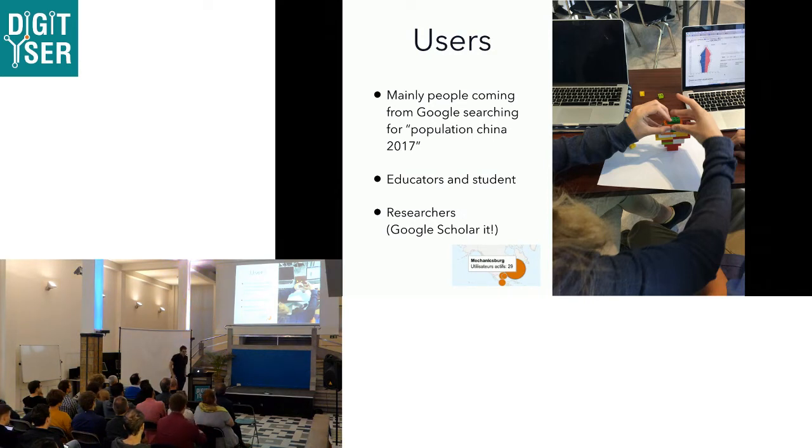That's nice, but what really is important to me is that there are lots of educators and students using the site. If you look a little on Twitter, for example, you can find people tweeting pictures saying, today we had our exercise with the site with the kids, and they liked it. And people ask, can I use your image in my homework? And so you get the feeling that it's used a lot in education.